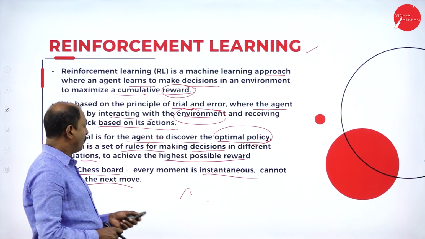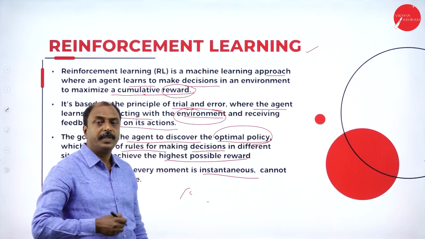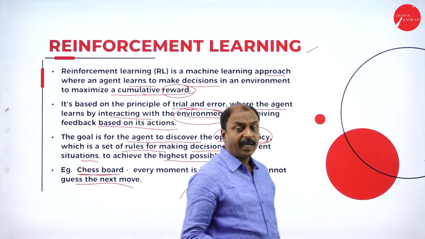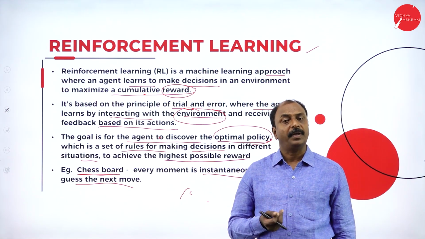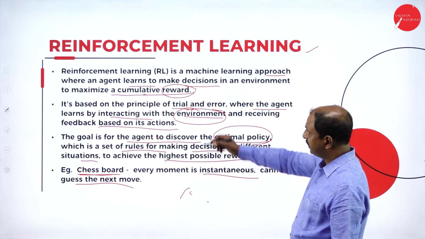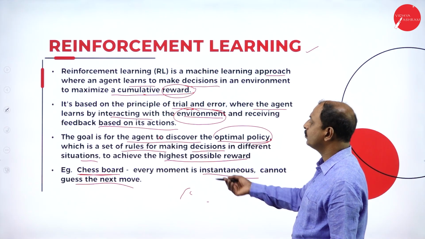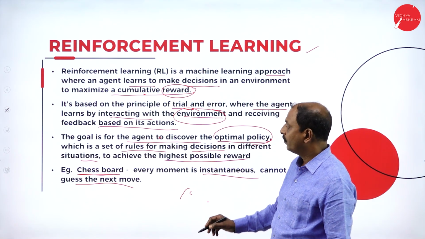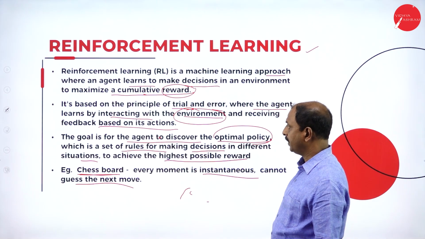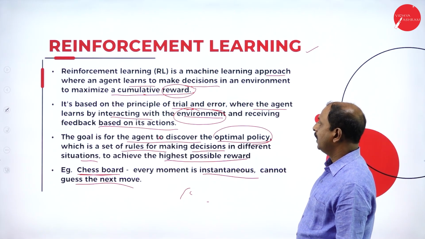Whenever you play chess with an opponent, you cannot guess the movement of the opponent who is playing with you. So that is an example for reinforcement. Here we cannot guess the next movement at all, or the proper or right output for a particular environment, a particular problem. That is reinforcement learning.